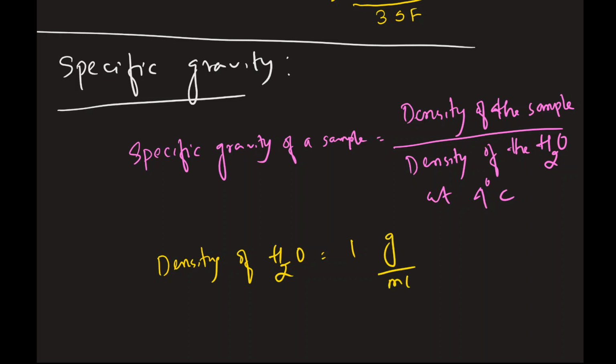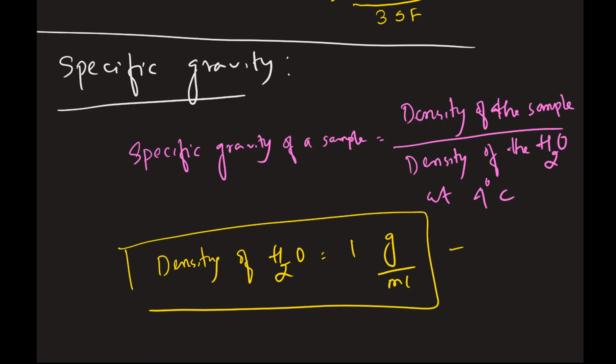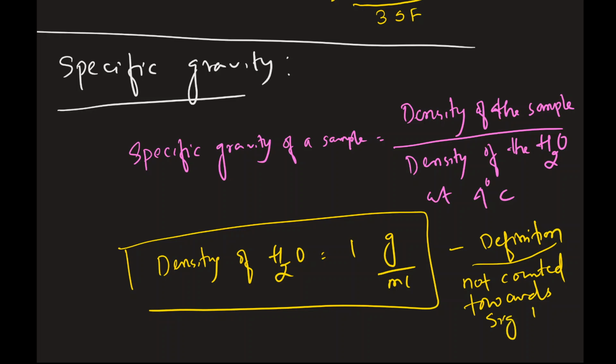So this is by definition, so it's not counted towards sig fig. So what's gonna be counted towards your sig fig? Obviously specific gravity.